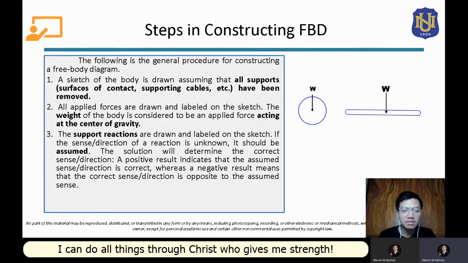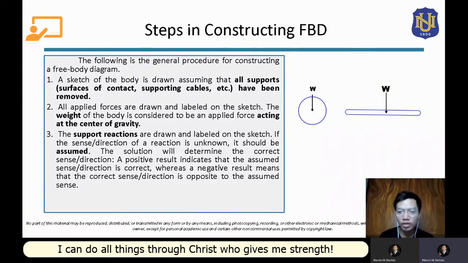The third step: the support reactions are drawn and labeled on the sketch. If the sense or direction of a reaction is unknown, it should be assumed. The solution will determine the correct sense or direction. A positive result indicates that the assumed sense or direction is correct, whereas a negative result means that the correct sense or direction is opposite to the assumed sense.